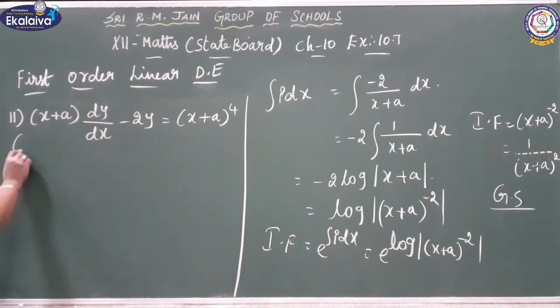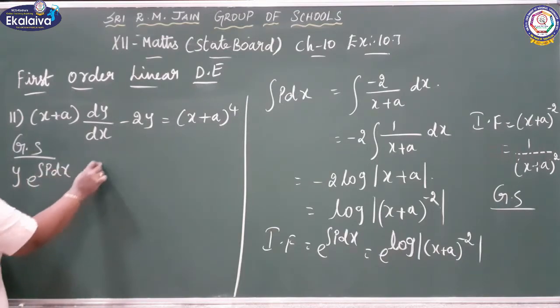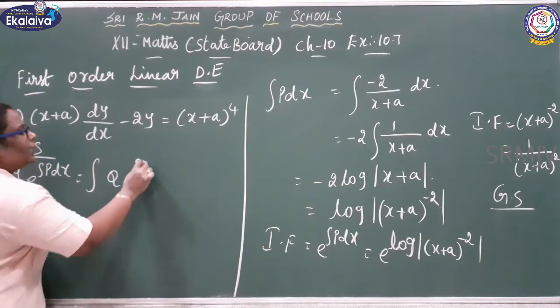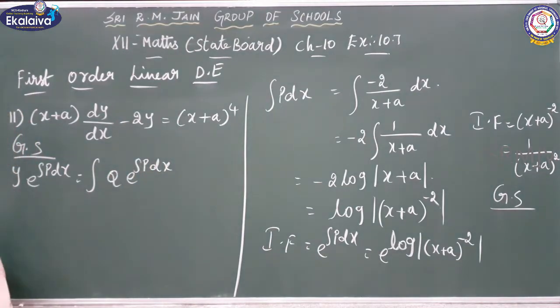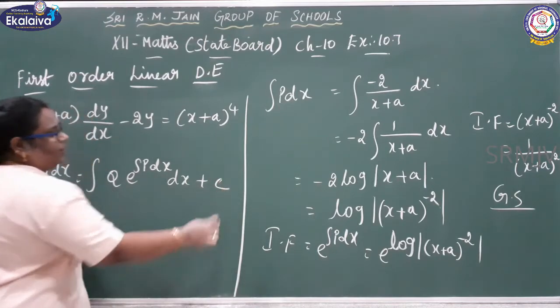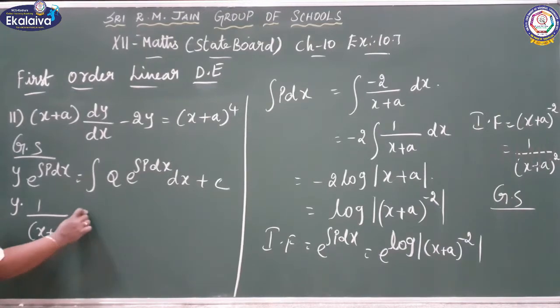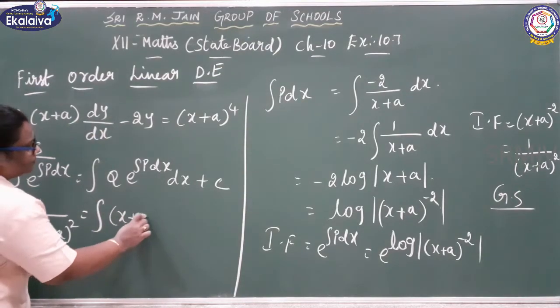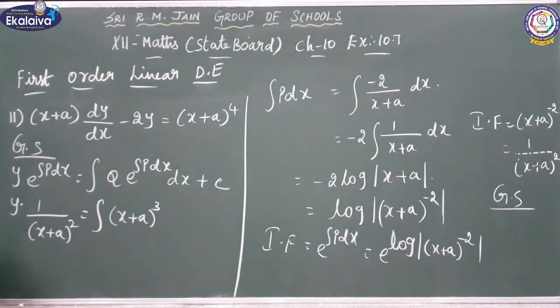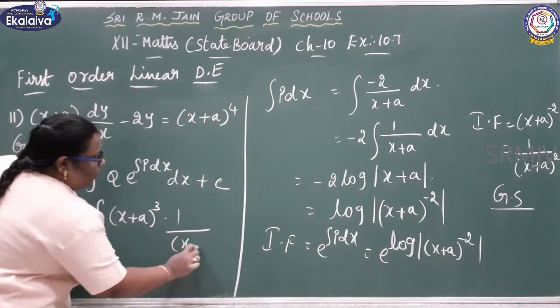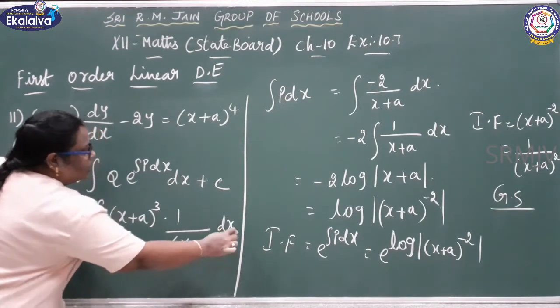General solution: y into integrating factor e power integral p dx equals integral of q into integrating factor e power integral p dx into dx plus c. So y into integrating factor, which is 1 by (x plus a) the whole square, equals integral of q, which is (x plus a) the whole cube, into the integrating factor 1 by (x plus a) the whole square, dx.